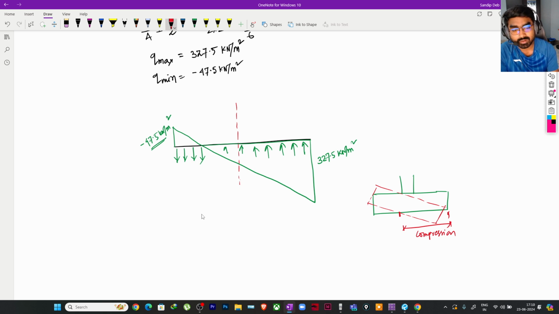Soil cannot provide resistance for this particular face to go up, right? It cannot pull it down. Soil will be here only, so the footing is going up, so there will be no resistance for uplift provided by the soil. So here the pressure will be basically zero, correct? The pressure will be basically zero.